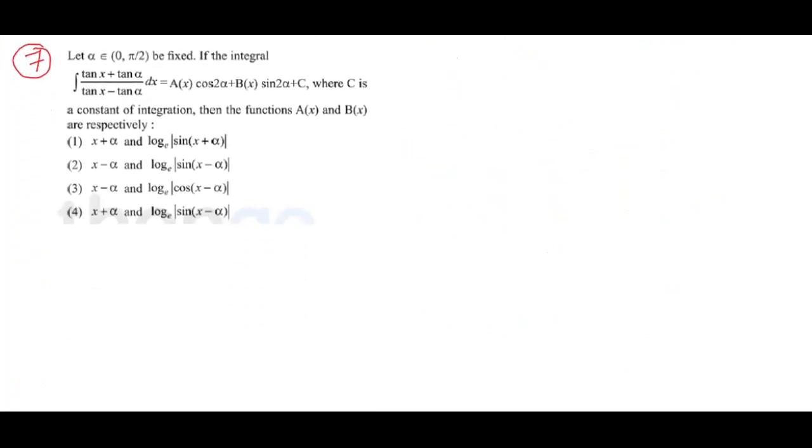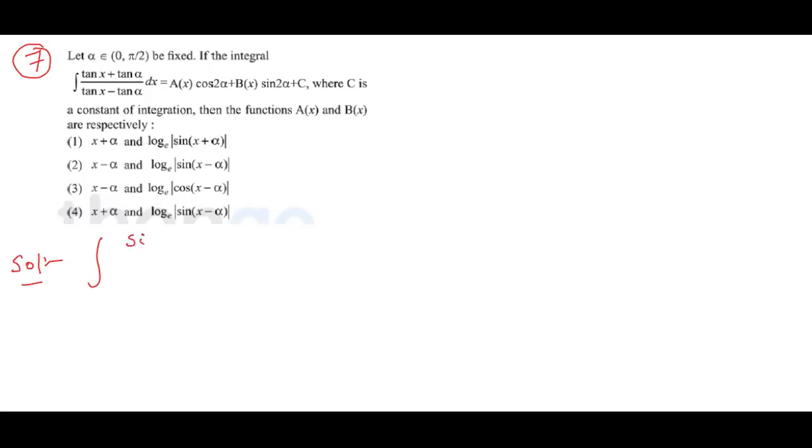Now I am going to the seventh question. Observe this. Let alpha belong to 0 comma pi by 2, be fixed. If the integral, so they have given the question and answer also. Now we need to find a of x, b of x. Now how to do this? Integration tan x plus tan alpha by tan x minus tan alpha. Tan we can write in terms of sine and cos and take the LCM.